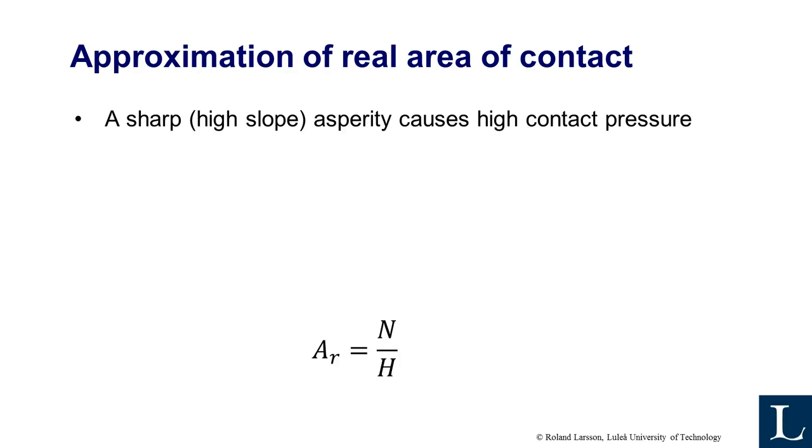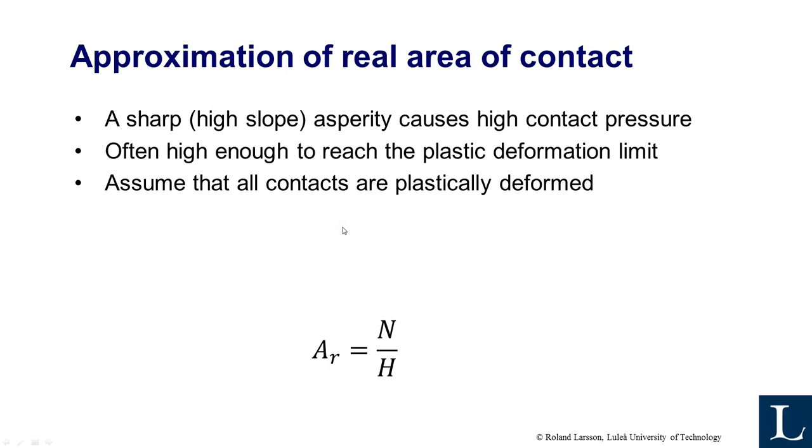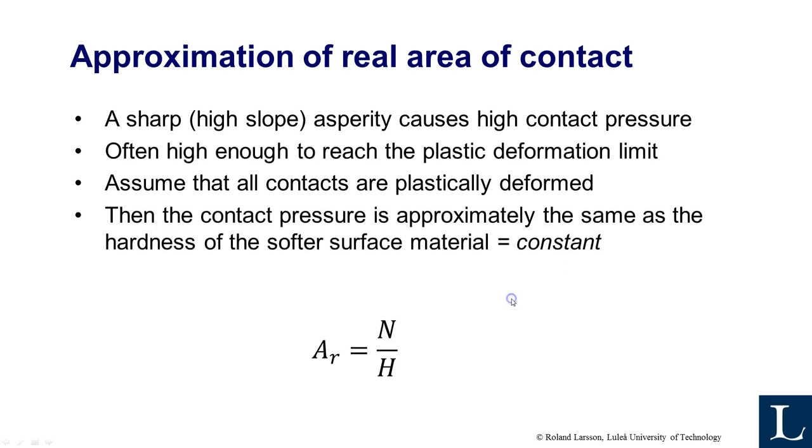If you think about the fact that a sharp asperity, an asperity with high slope, causes high contact pressure, and this pressure is high enough to cause plastic deformation, and you assume that all asperity contacts are of this type, all plastically deformed, then you can claim that the contact pressure in each spot is the same as the hardness of the softest surface, and that's a constant.